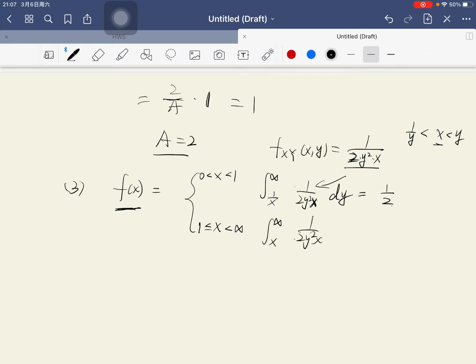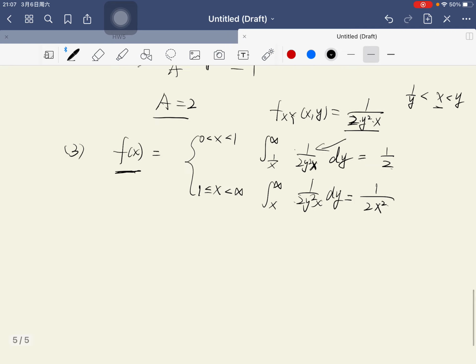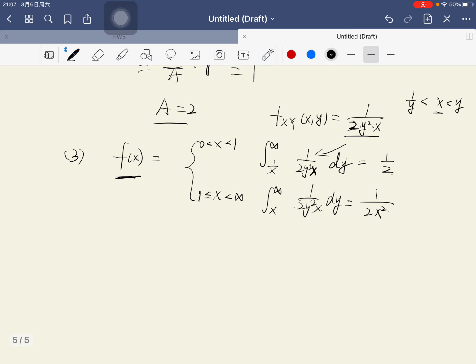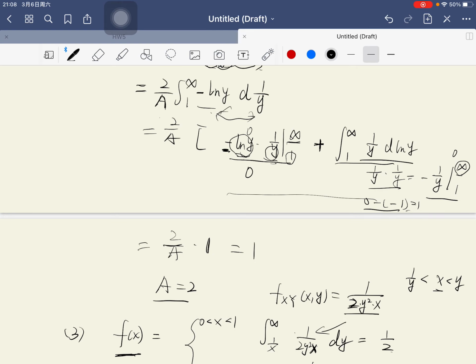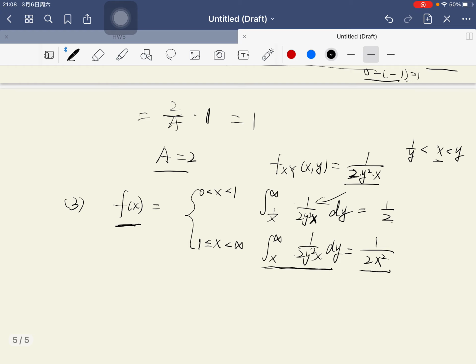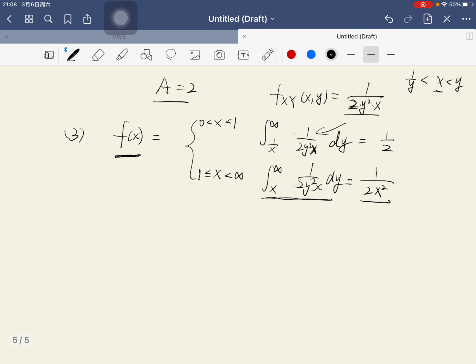It is equal to 1 over 2 times x to the power of 2, and we could compute it further. It is just like the function in this part, and this is the density function of x.